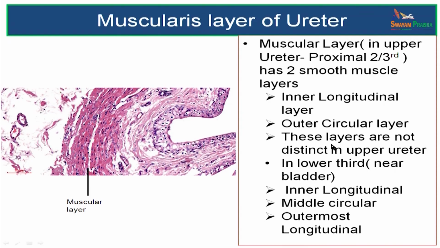But these layers are not very distinct in the upper ureter. In the lower third of the ureter, where the ureter is close to the bladder, an additional longitudinal smooth muscle layer is added, and hence in the lower ureter there are three layers of smooth muscle: inner longitudinal, middle circular layer and outermost longitudinal layer of smooth muscle.